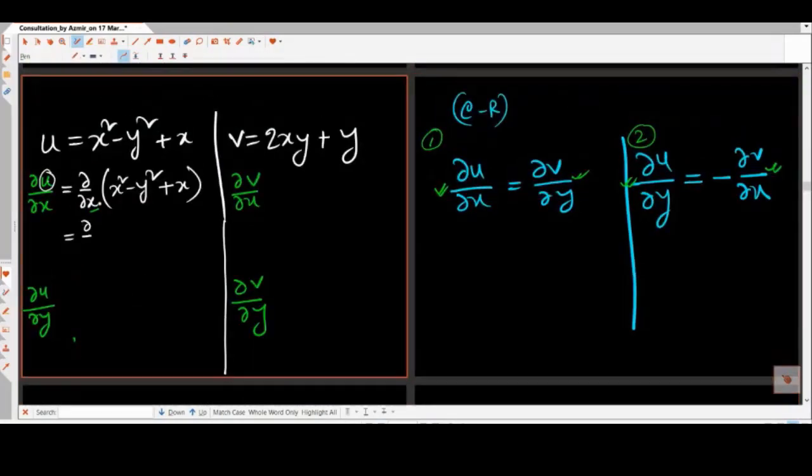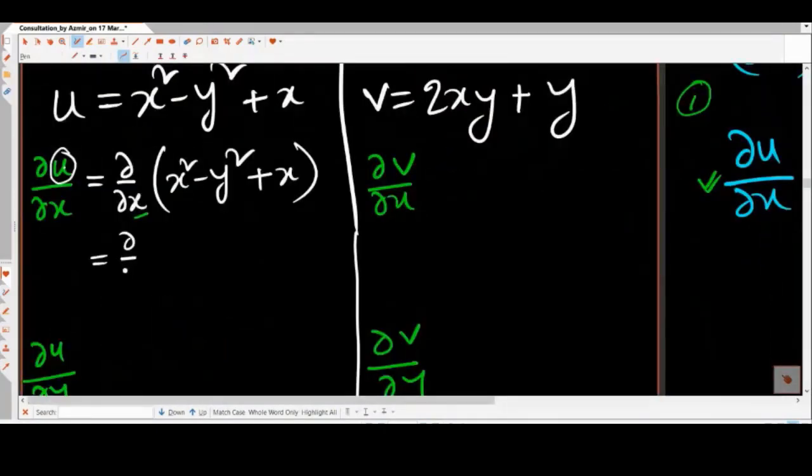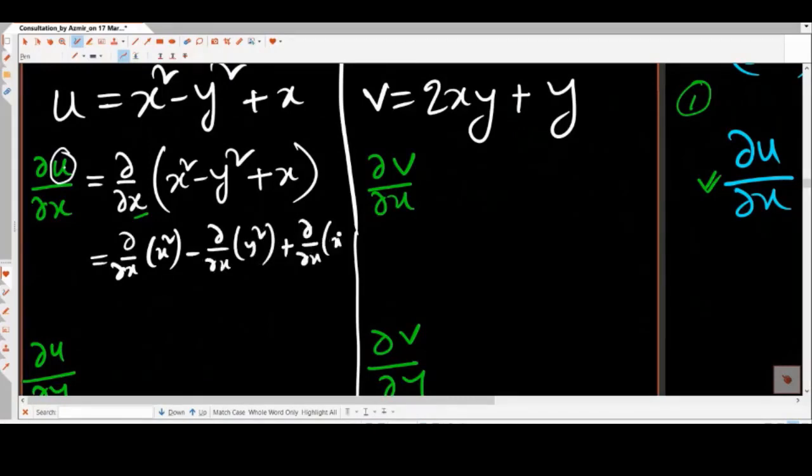So we have x squared negative y squared plus x. We can expand as d/dx of x squared negative d/dx of y squared positive d/dx of x. Derivative of x squared in terms of x, we know it is 2x. Negative derivative of y squared in terms of x.